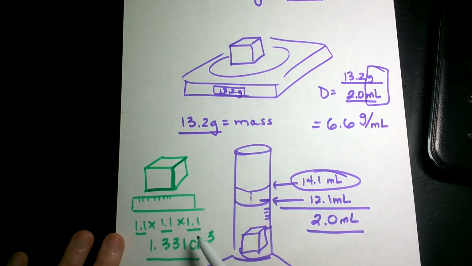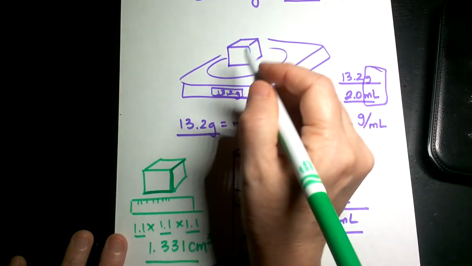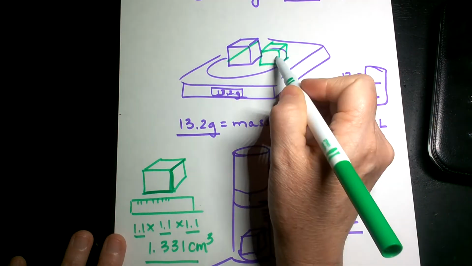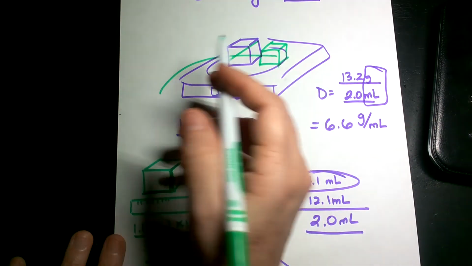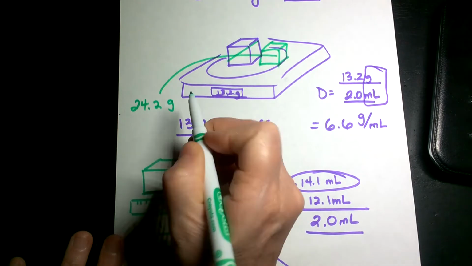So let's say this cube. We put it on the scale, move him off, put it on the scale. We would find this cube's mass, and let's say this one's bigger. We'll say it's 24.2 grams.